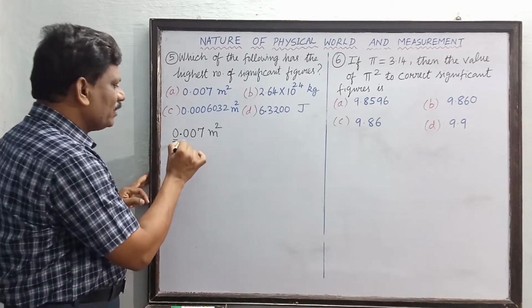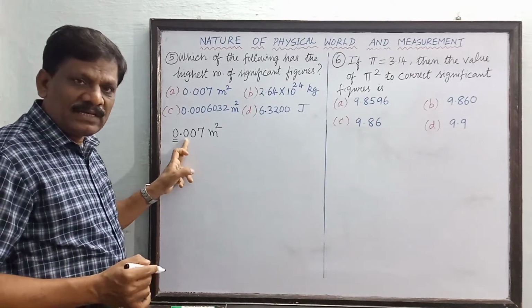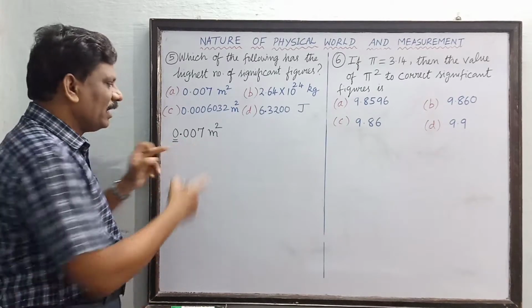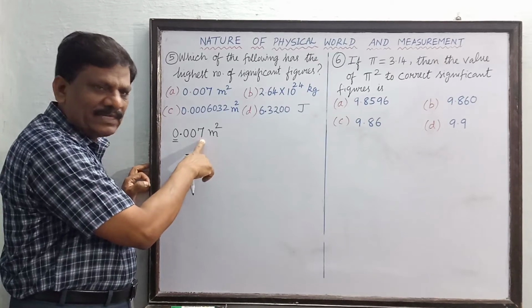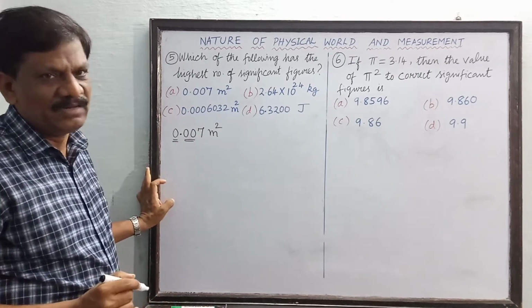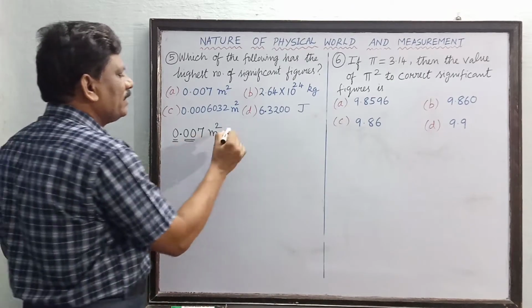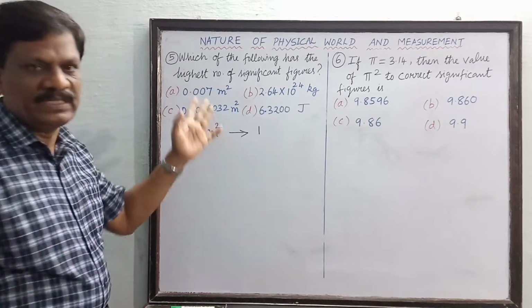Also the zeros on the right side of the decimal point and to the left side of the first non-zero digit, the first non-zero digit is 7, these zeros also do not have any significance. So this number has only one significant figure, that is 7.